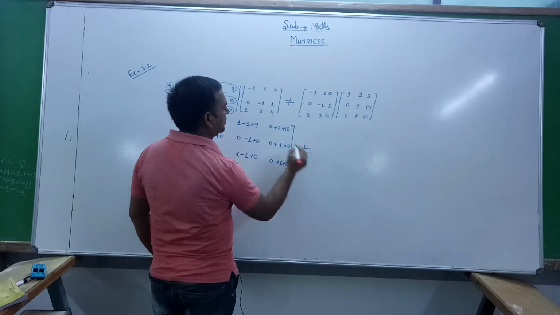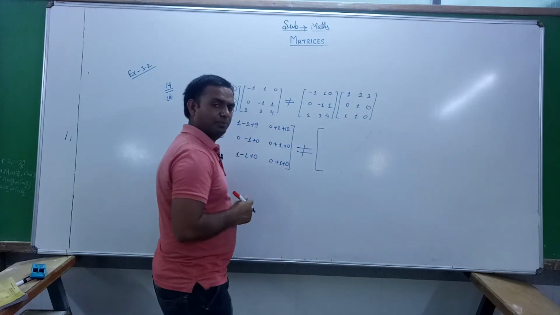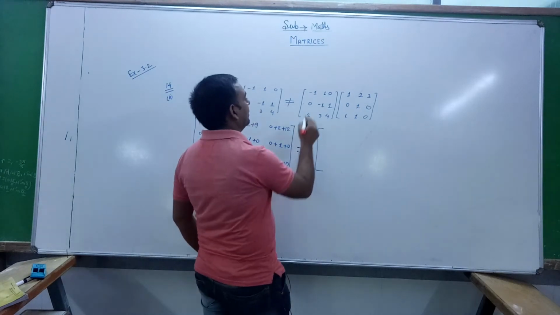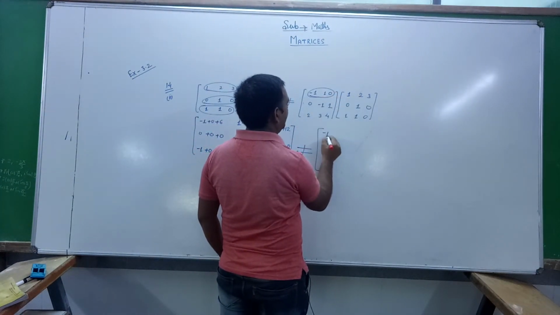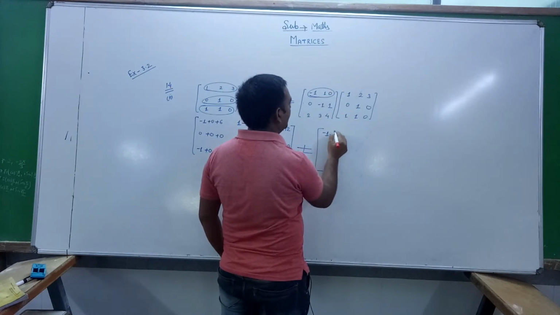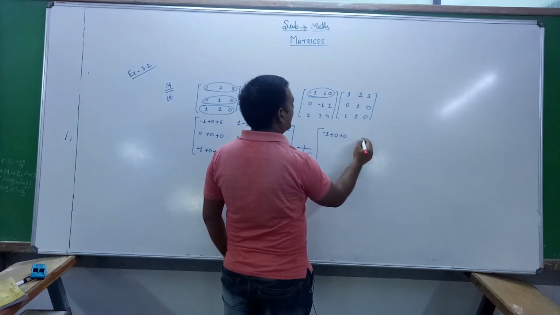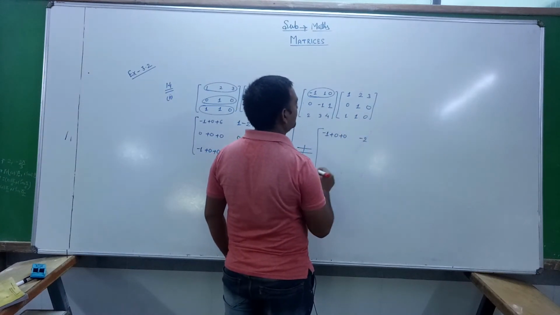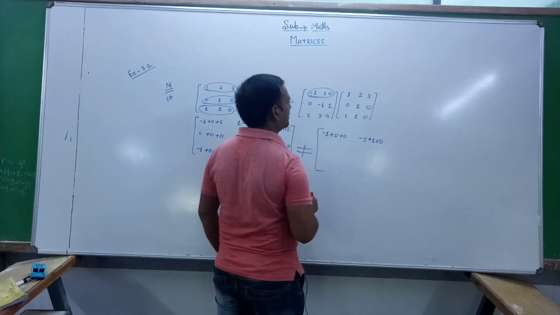Does not equal. Here you also put the same values. You take the first row and the first column. So minus 1 times 1 is minus 1, 1 times 0 is 0, and 0 times 1 is 0, plus 0. Next, minus 1 times 2 is minus 2, 1 times 1 is 1, plus 0 times 1 is 0.